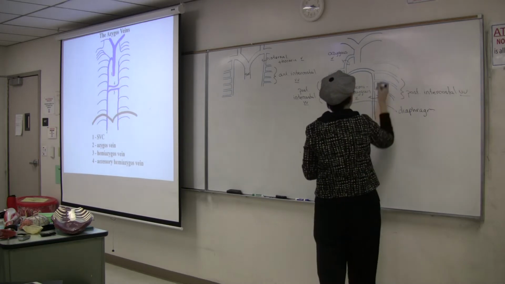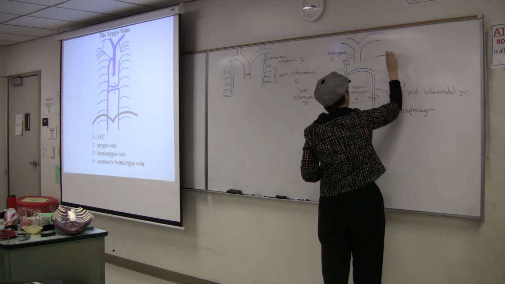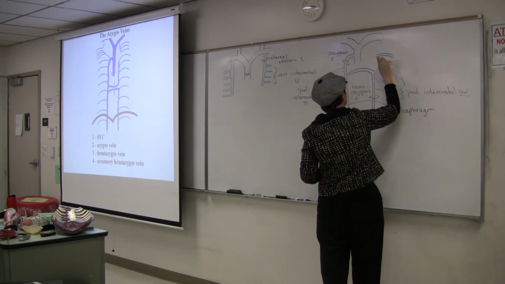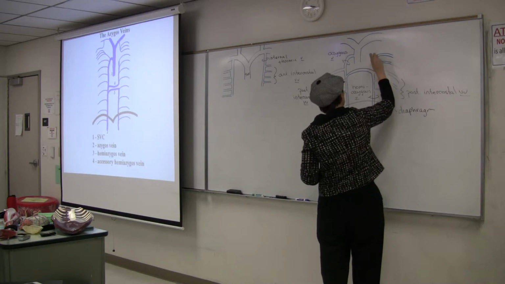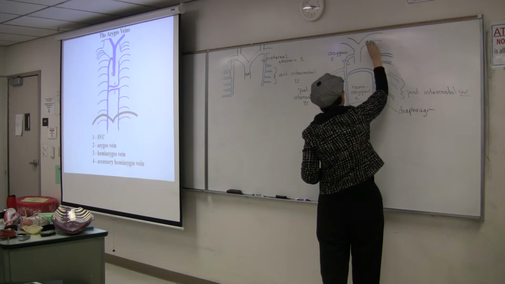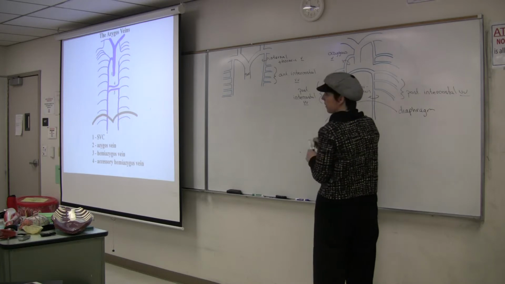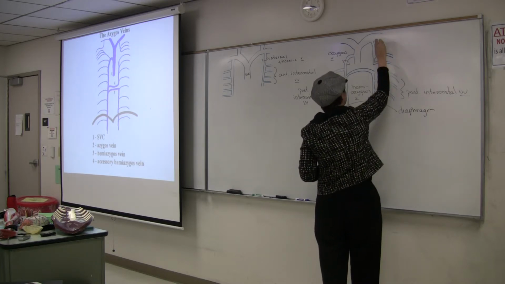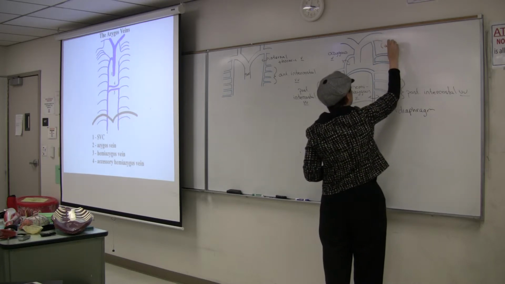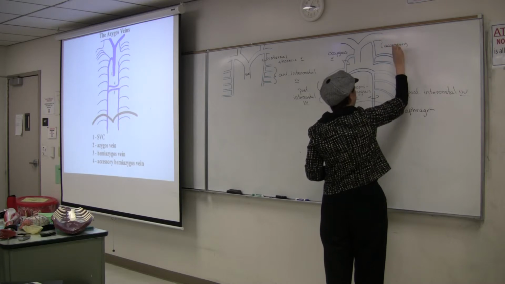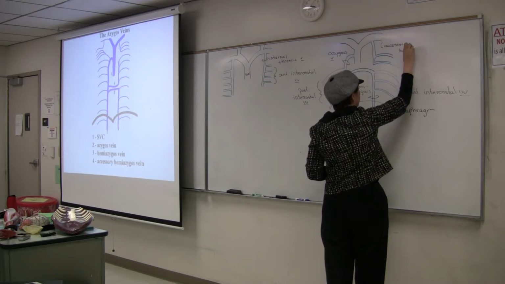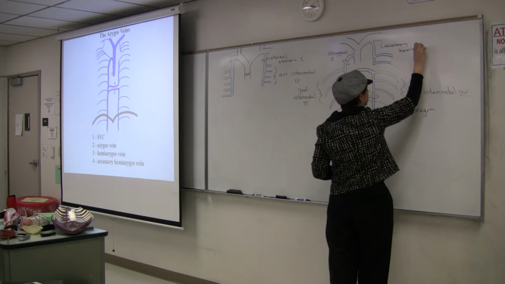And so we have another set of vessels, usually not joined to the hemiazygous, but sometimes, that drain into the brachiocephalic, and that's the accessory hemiazygous. You don't need to worry about that. You don't have to even draw it in there if you don't want to.